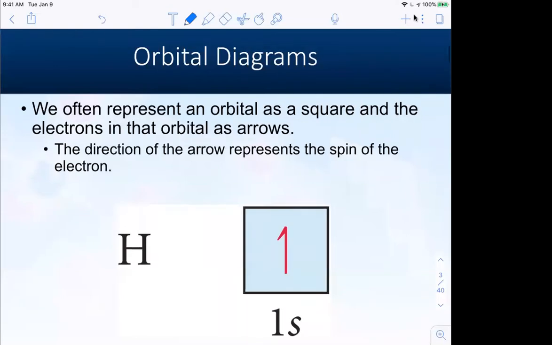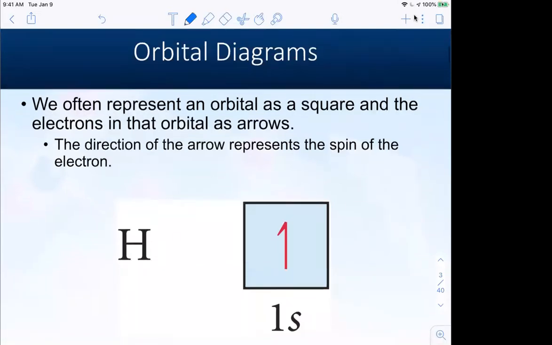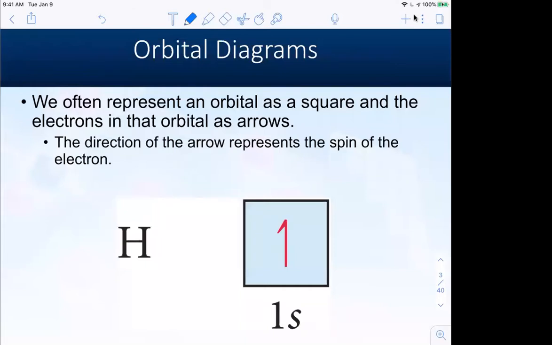Remember, we can also represent these electrons in actual orbitals where we project those orbitals as squares. So this would be the orbital box diagram of hydrogen. This square is going to represent the orbital. There's only 1 square, so it's going to be an s orbital.